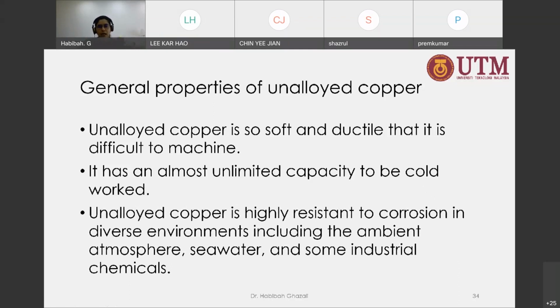Unalloyed copper is also highly resistant to corrosion in diverse environments: in seawater, in our ambient atmosphere, and in some industrial chemicals. That's why copper is used in a lot of marine applications.